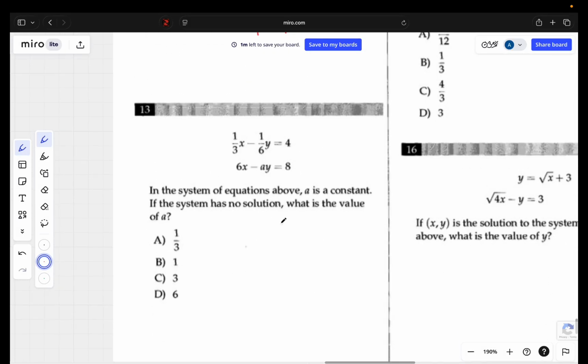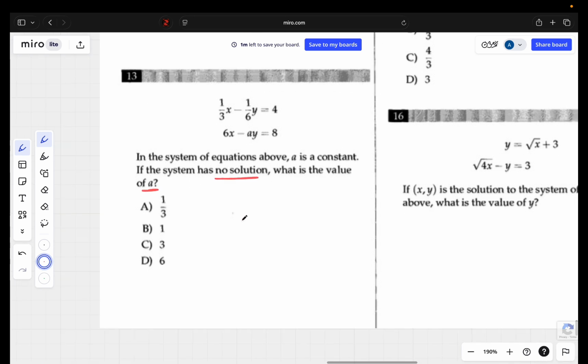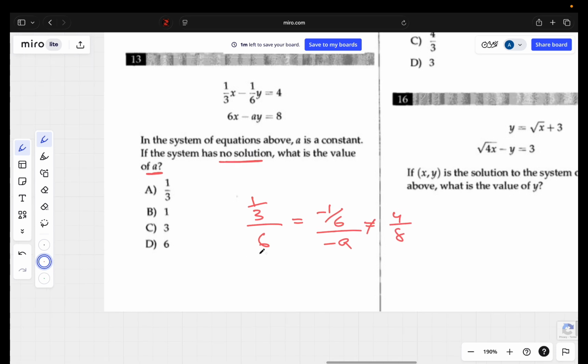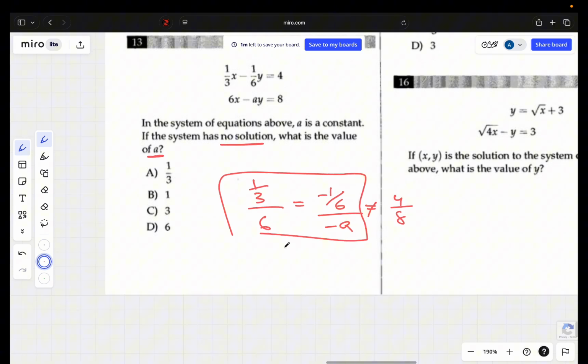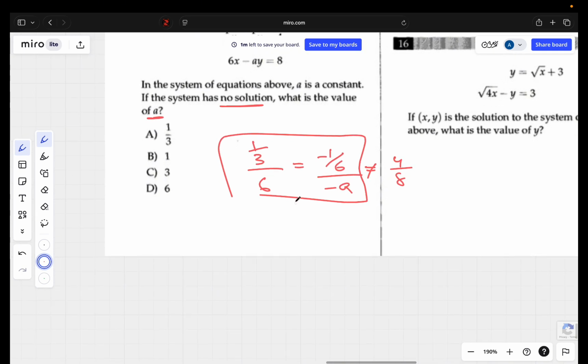Question 13, it says we have no solution. What's the value of a? Because it says no solution, a1 over a2 is equal to b1 over b2, and it's not equal to c1 over c2. So we're basically solving this. Now we can cross multiply.